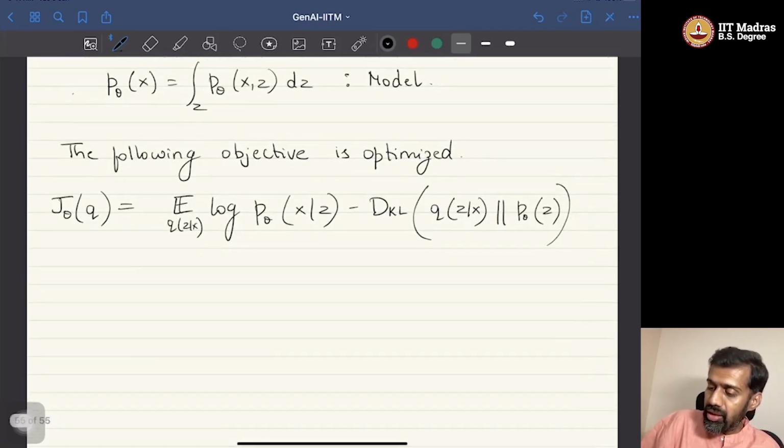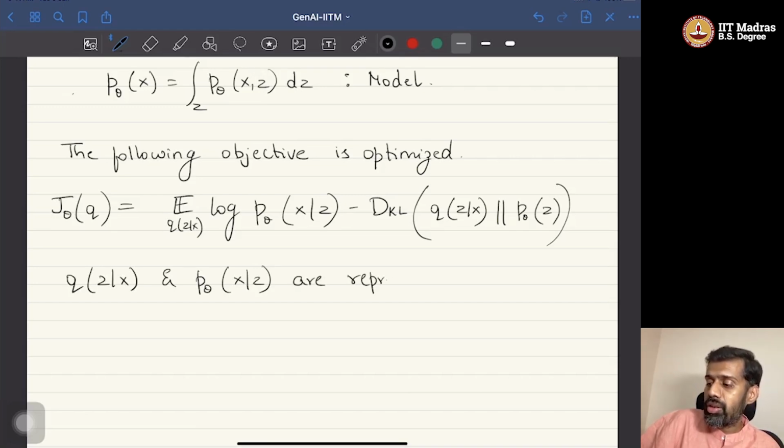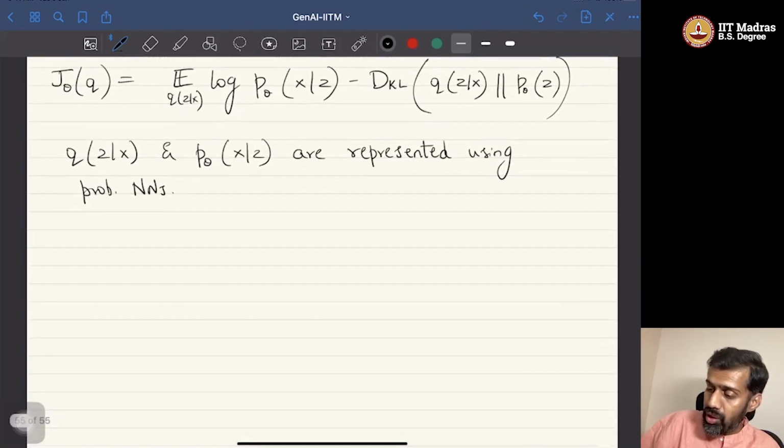Now p theta and q are represented using neural networks, as I said. So q of z given x and p theta of x given z are represented using neural networks, or rather probabilistic neural networks. How do we do this? We have one neural network to represent the variational posterior.